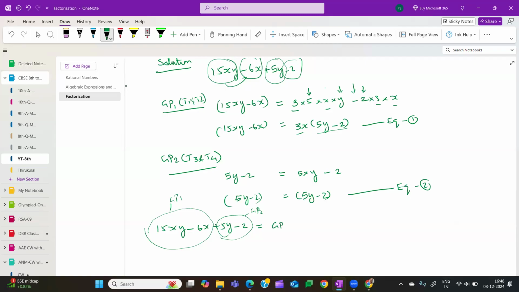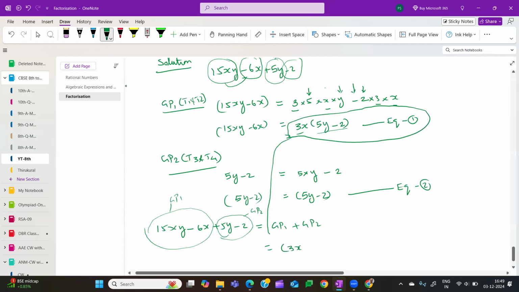In fact, it is GP1 plus GP2. What is GP1? You can just see here, GP1 is from equation 1. It is 3x into 5y minus 2.